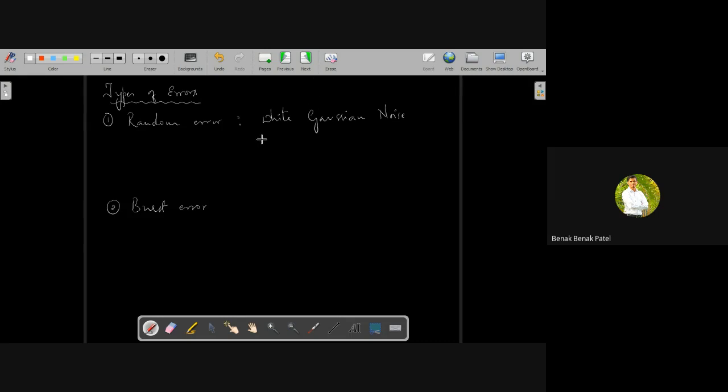The sources that cause these random errors, or this white Gaussian noise, are thermal and shot noise in the transmitting and receiving equipment.